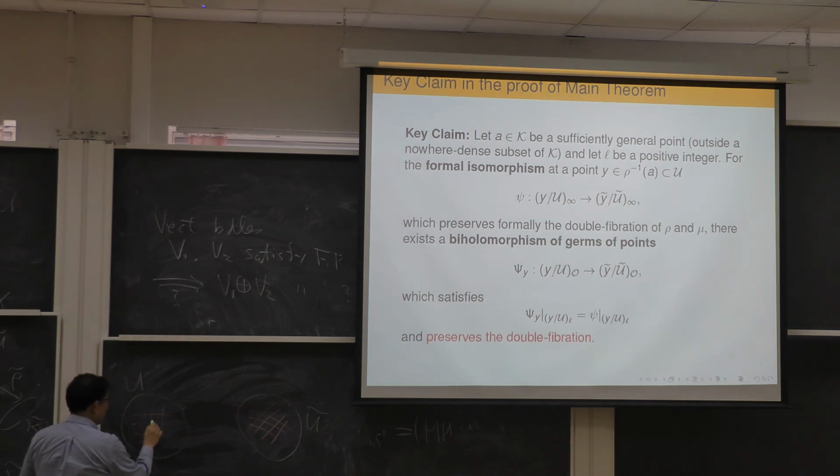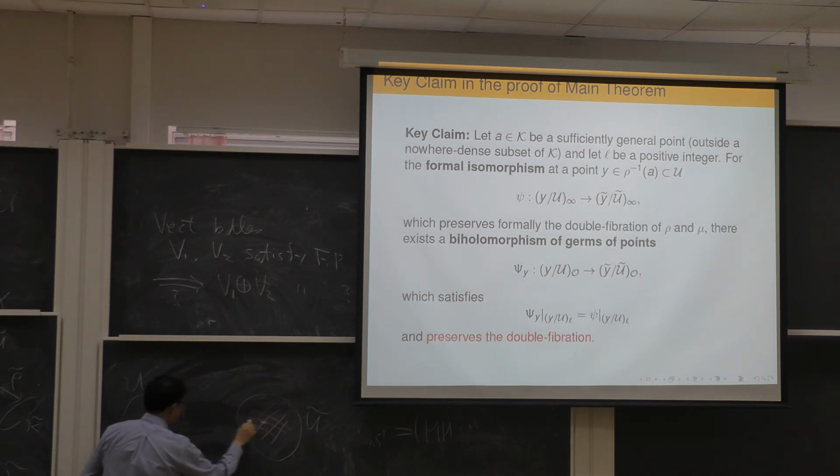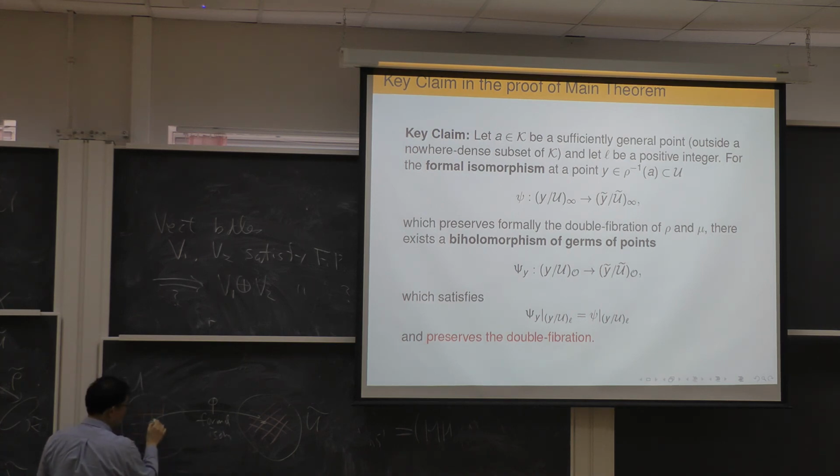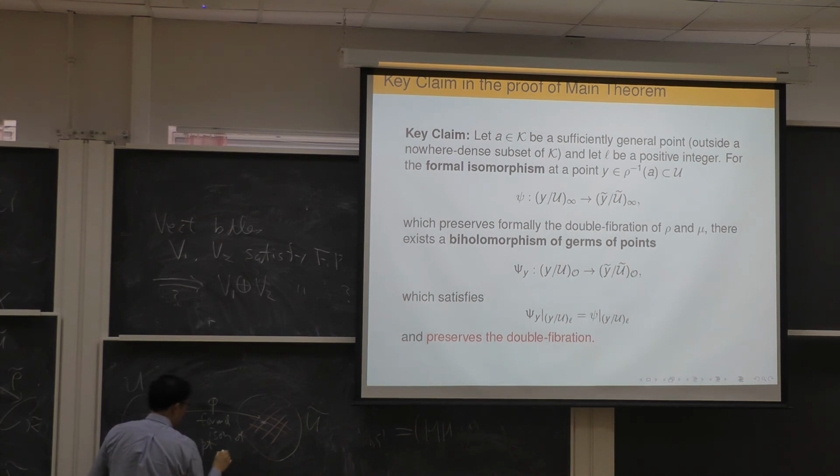And you are given a formal isomorphism in the neighborhood of a point, preserving double fibrations.